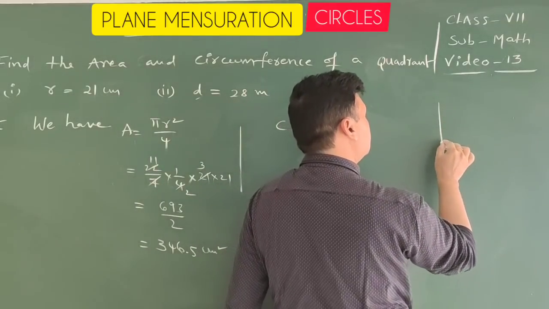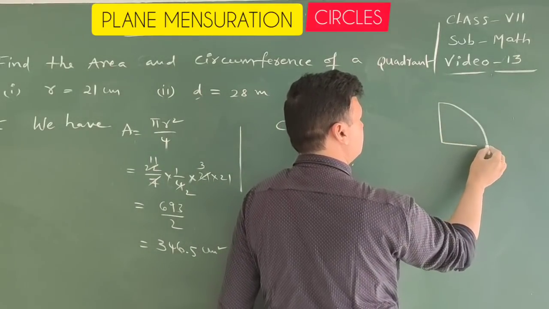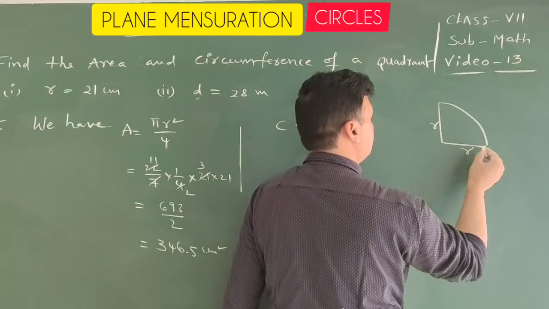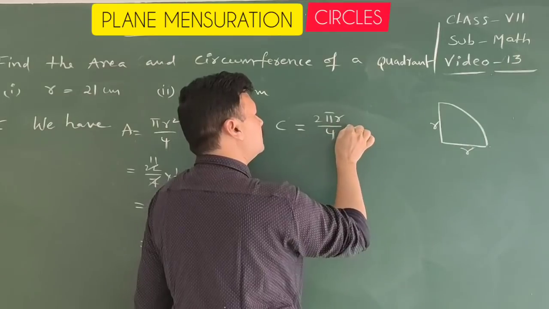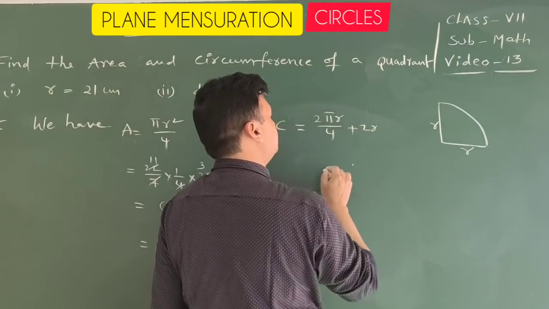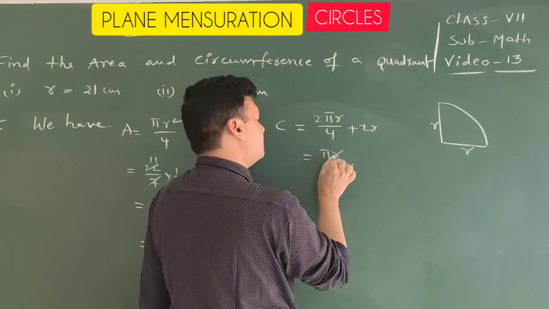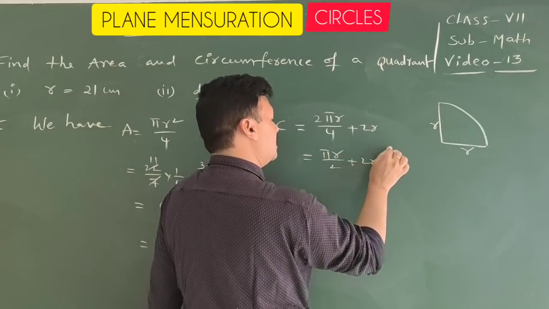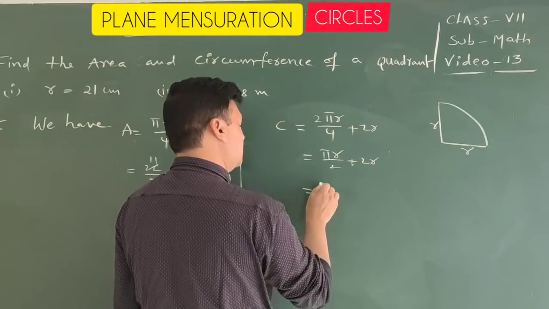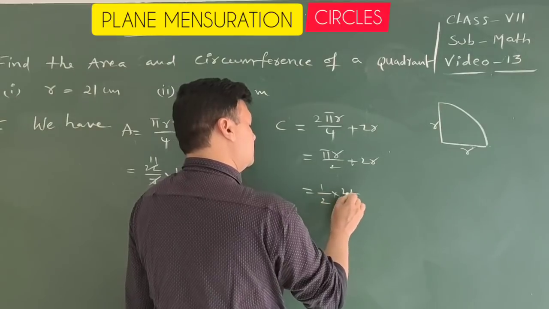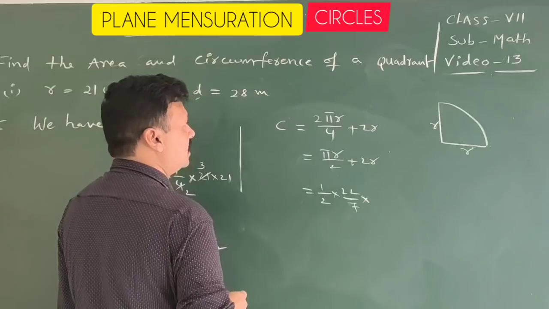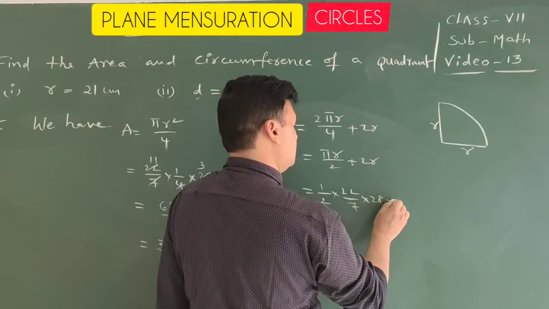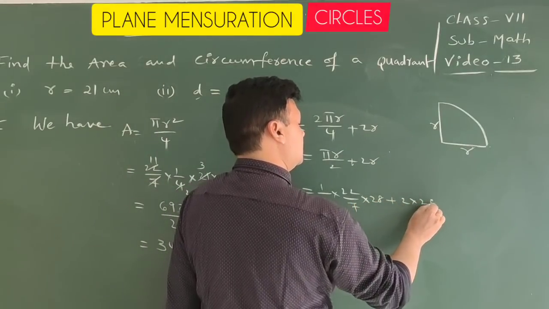Next, circumference. For the quadrant, 2 pi r by 4 plus 2r. Means pi r by 2 plus 2r also we can take. So here half into 22 by 7 into r, r means 28 plus 2 into 28.